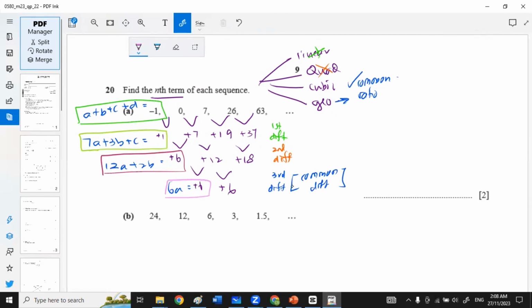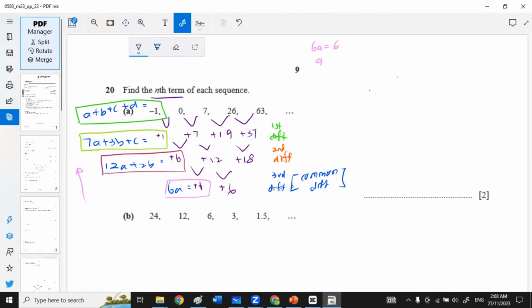So we will solve from the bottom up. Okay. So we start with 6a. So 6a equal to 6, therefore a should equal to 1.